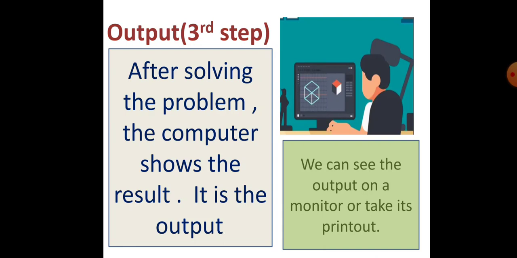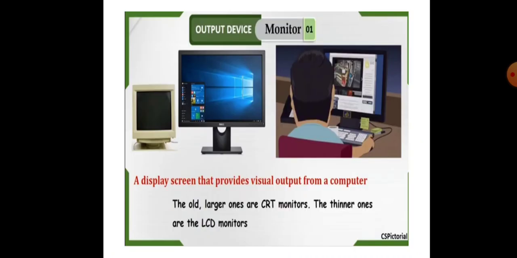Now third step, after the CPU solves the problem, the computer shows the result, and this is called the output, and we can see the result on the monitor or the printer. We can see the output or result on a monitor or take its printout.